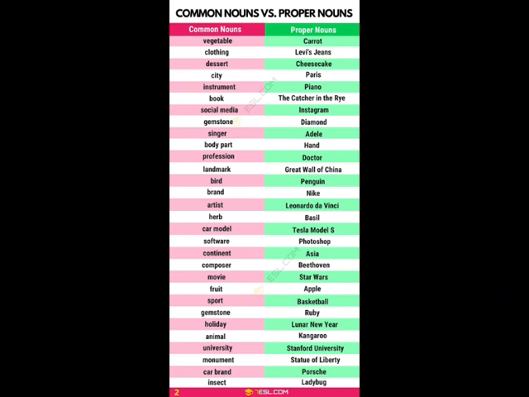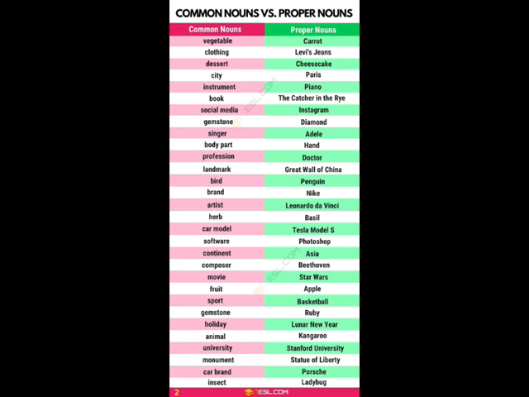Clothing for common nouns. Levi jeans for proper nouns. Dessert for common nouns. Cheesecake for proper nouns. City for common nouns. Paris for proper nouns. Book for common nouns. The Cut in the Ray for proper nouns, a specific book.